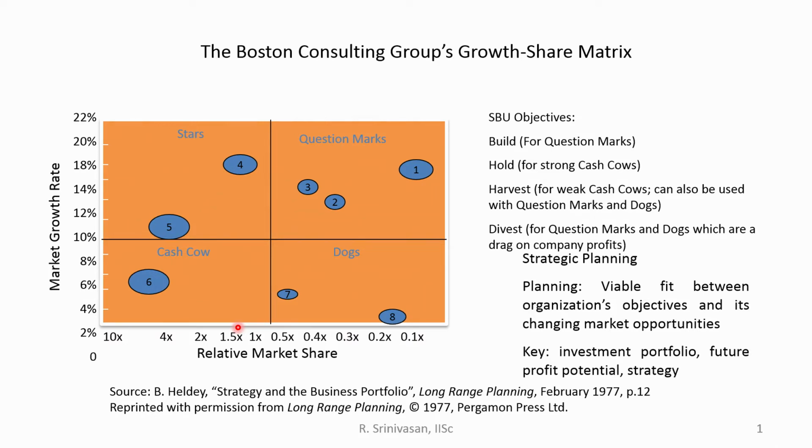Now, a few points about strategic planning. What do you do in strategic planning with respect to markets? You create a viable fit between the organization's objectives and its changing market opportunities.